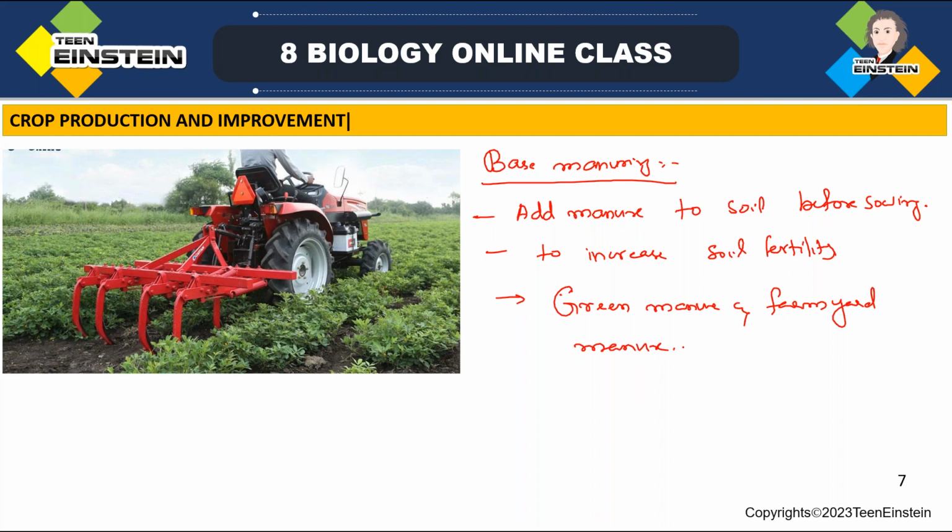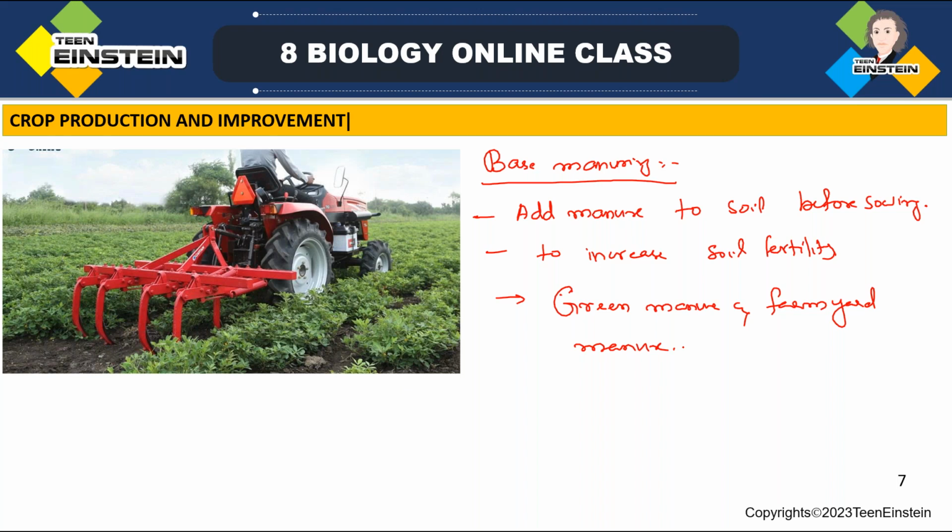That will get incorporated into the soil in a proper way, and that increases the soil fertility. So the use of green manure and farmyard manure will always improve the crop growth and crop yield.